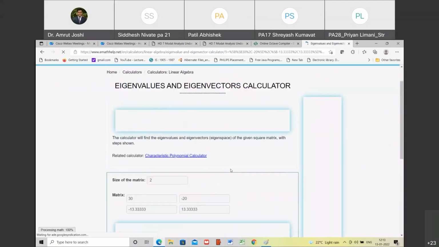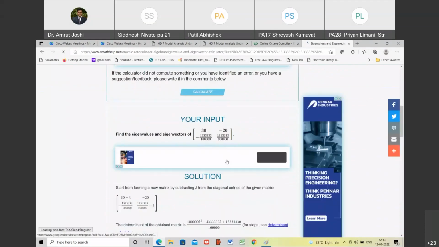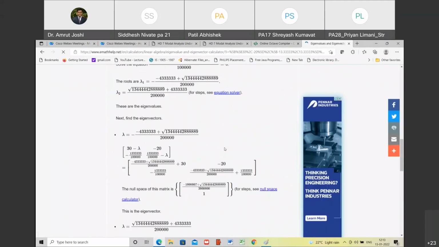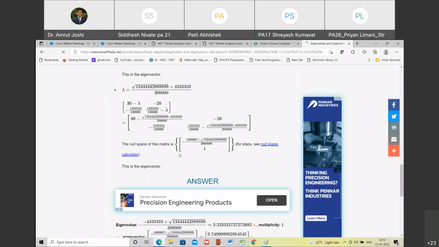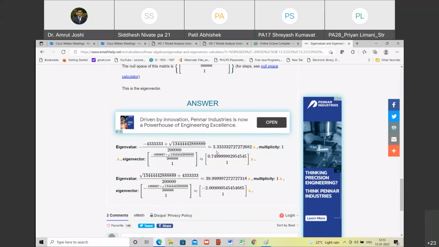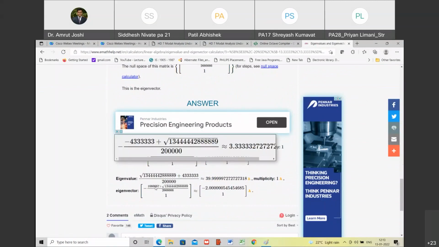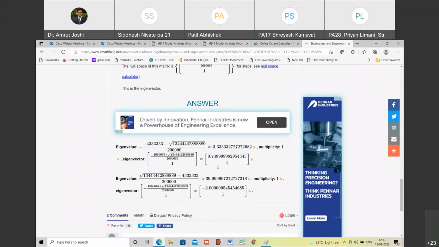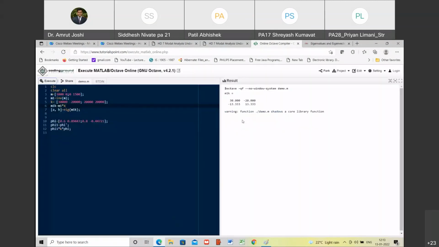Calculate. The eigenvalue is 3.333, and the second eigenvalue is, where is that? The second one is 39. So the eigenvalues are correct.